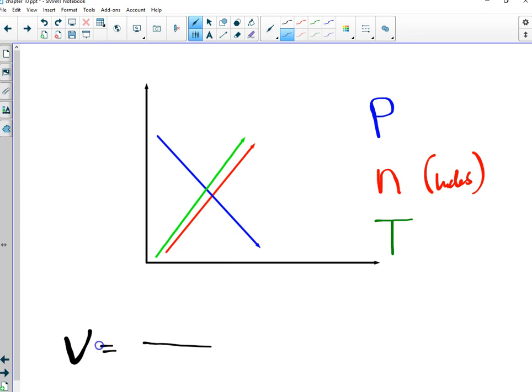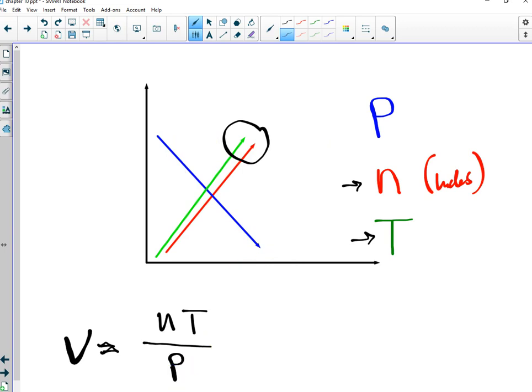It says that volume is proportional to, not exactly equal to. These two arrows that point up mean that these two variables, N and T, are on the top of your equation. Since the blue one, which represents pressure, is pointing down, that variable would be underneath.